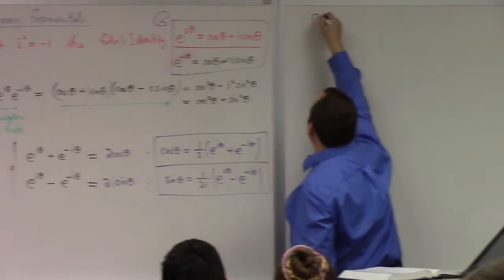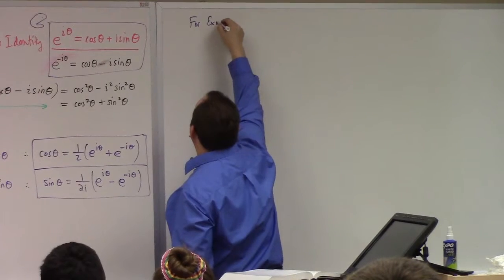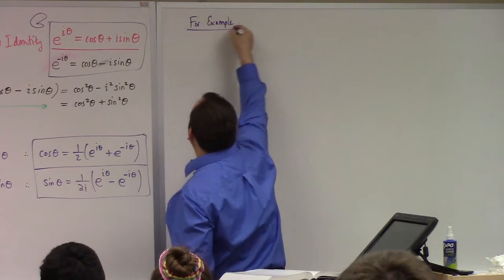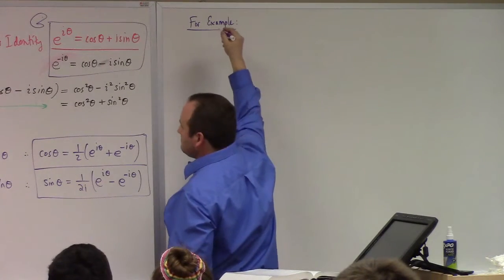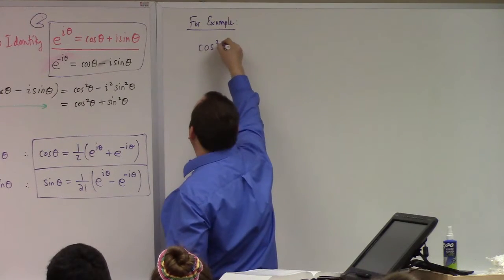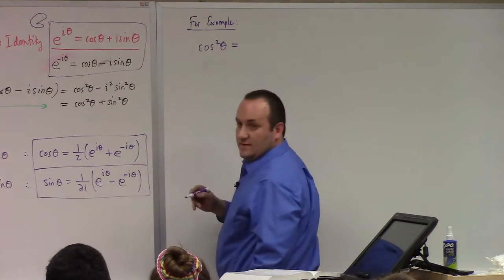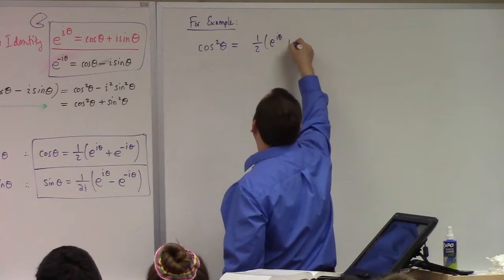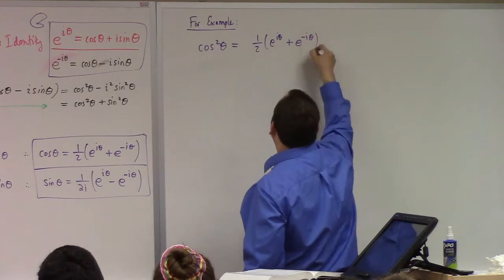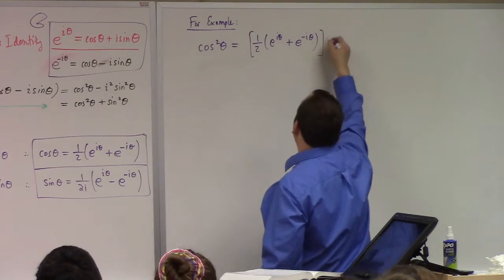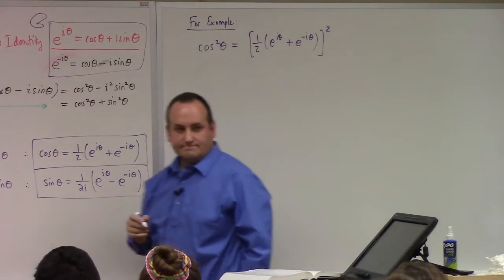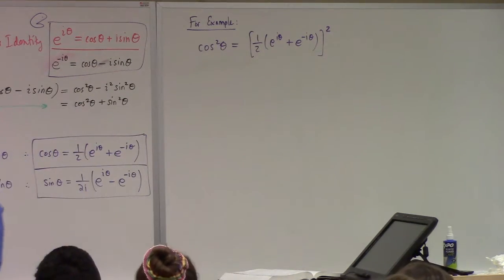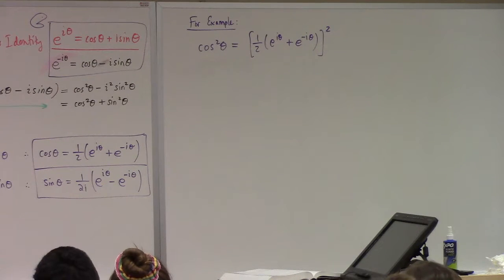So, for example, and then I'll get back to the hyperbolic wonderland we were in, I can calculate the identity for cosine squared theta. This is 1/2 times e to the i theta plus e to the minus i theta, and we square that thing. How did we derive the identity for cosine squared theta last time?